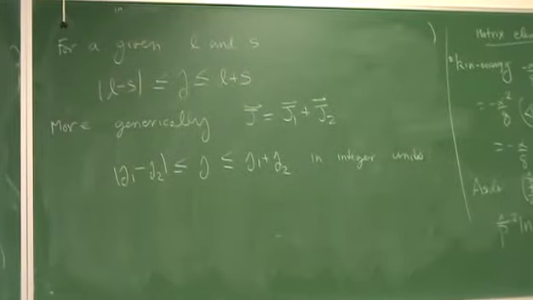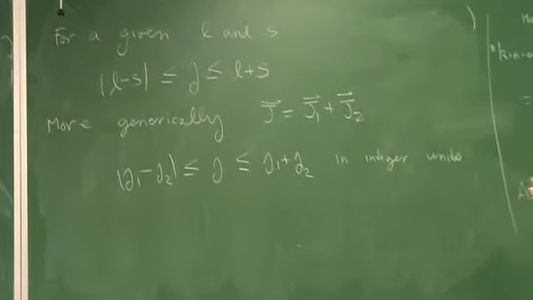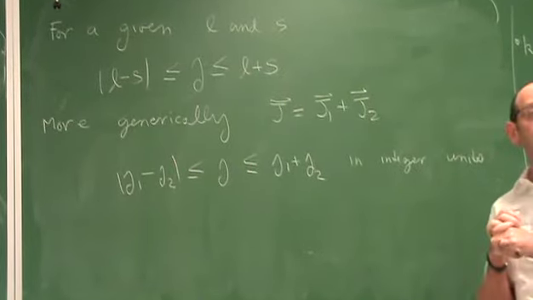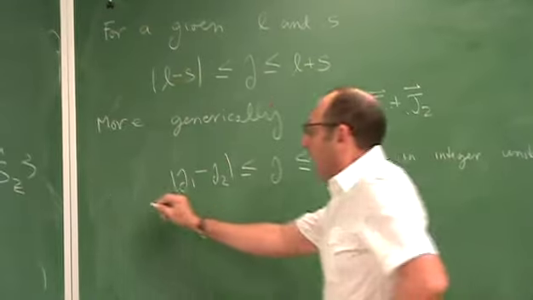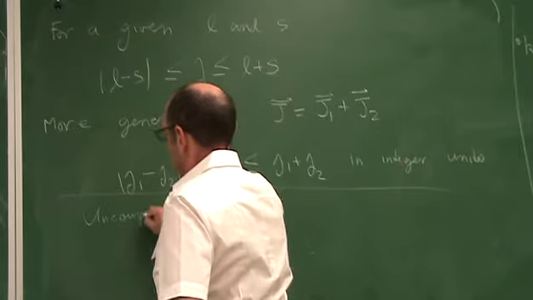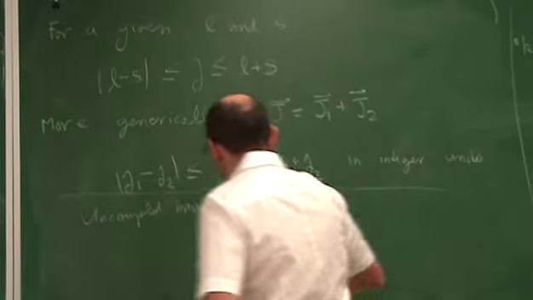So just to remind you, this picture we have of the addition of angular momentum, we often look in terms of a kind of vector sum, kind of classically. The uncoupled basis: what we do is the following.